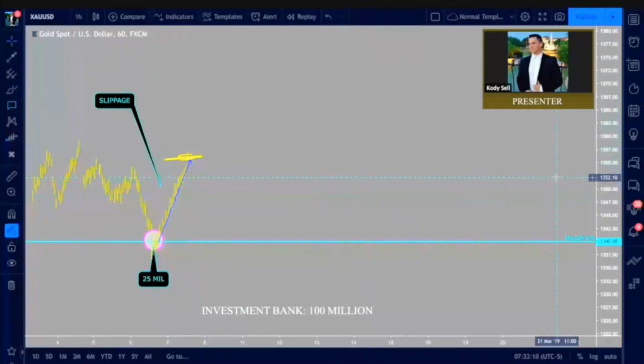And so when that happens, the institution has two options. Either they can continue to place orders or they can wait for price to return down to their original price point that we've got marked of 1340. Now, remember and keep this in mind, okay? This is very important.